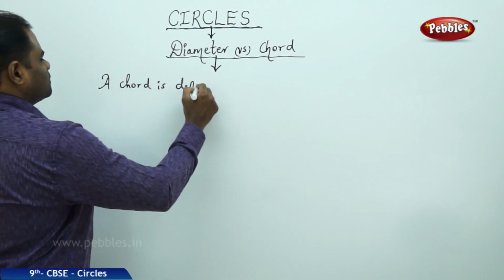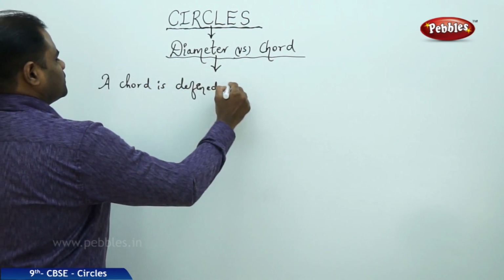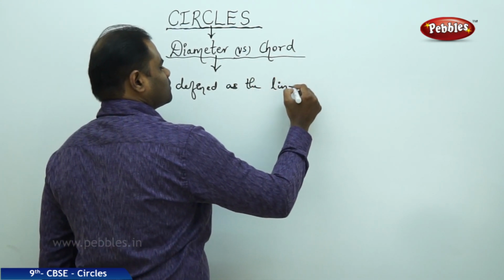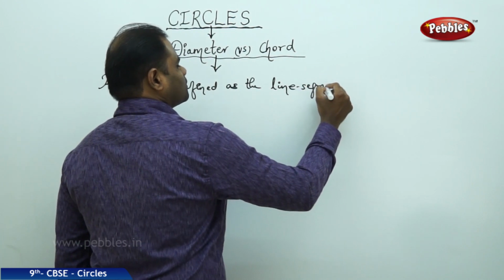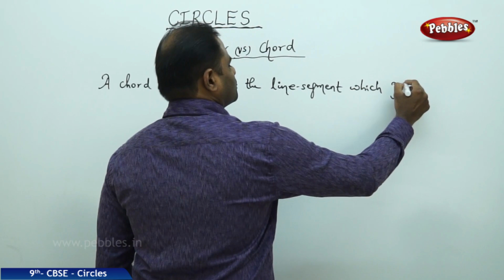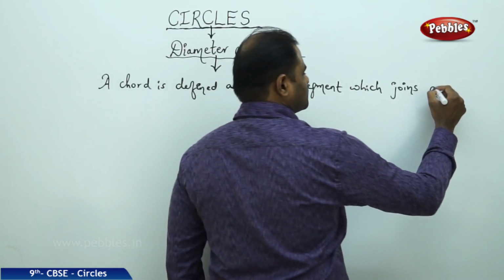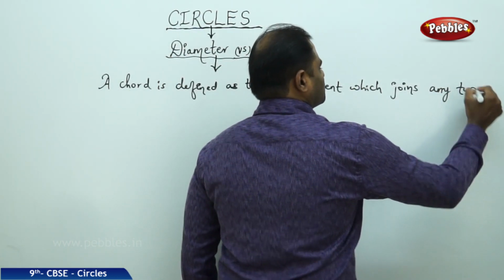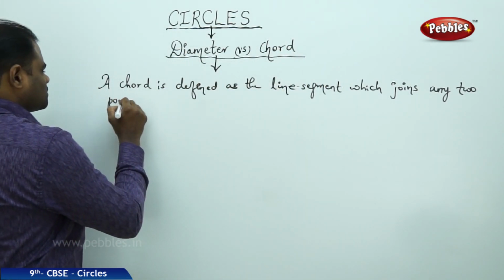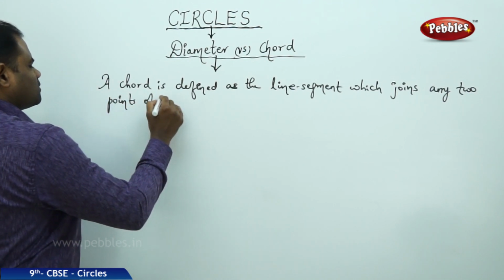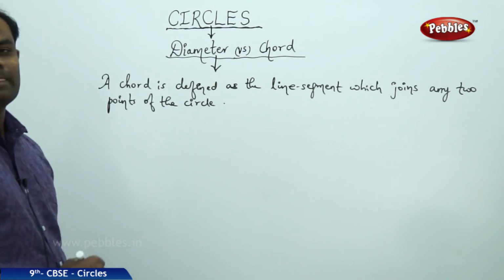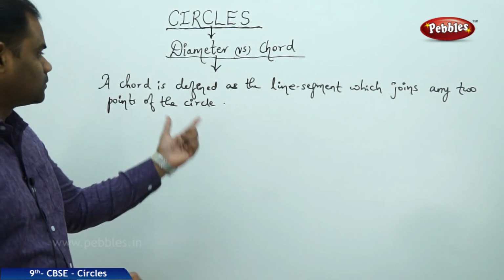A chord is defined as the line segment which joins any two points of the circle, as we understood the chord.